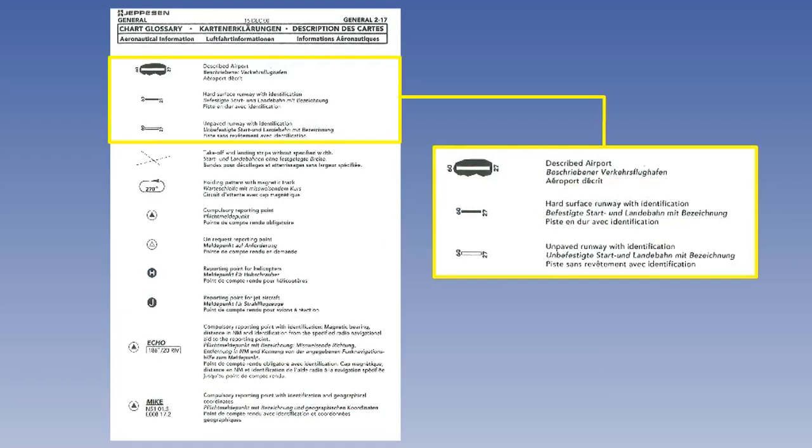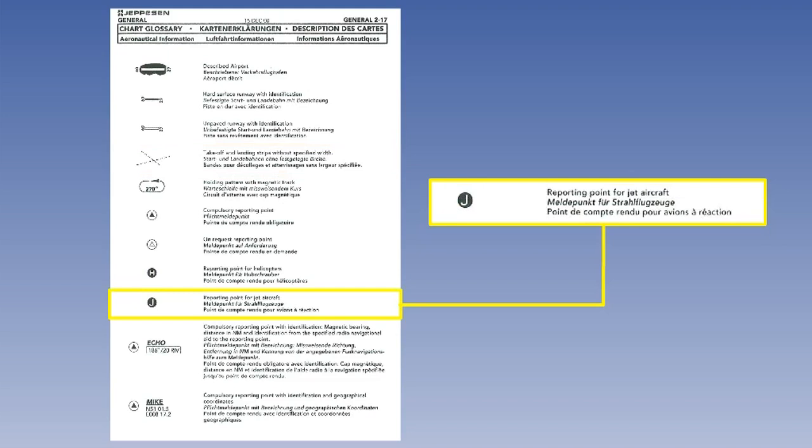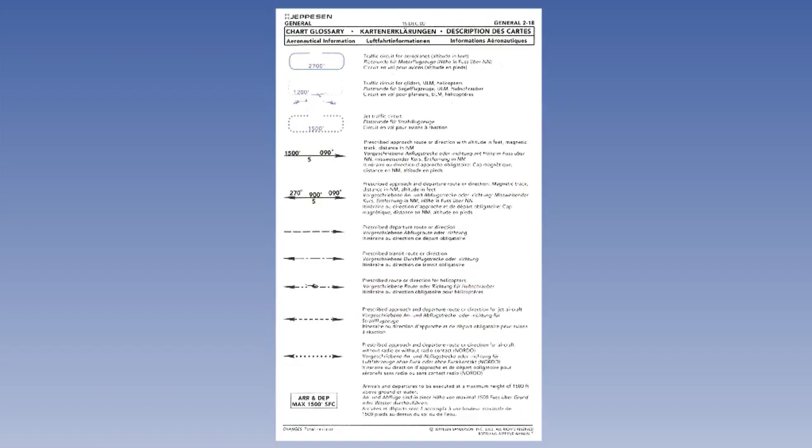The 3 airport symbols on page 2.17 are different from those you have seen before, as is the symbol for takeoff and landing strips without a specified width. The jet aircraft reporting point is also new. All of the symbols on page 2.18 should be studied carefully, so you become very familiar with them.